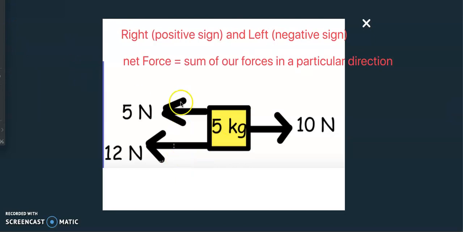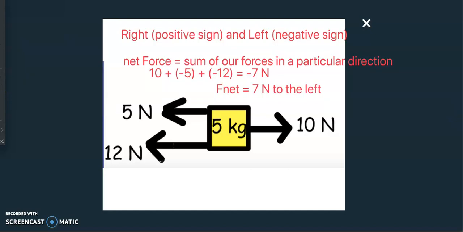And if we were to type those out, using the rules that we just laid out, we have positive 10 newtons to the right, plus, because we're summing, we're adding our forces, negative 5 newtons because it's pointing to the left, plus negative 12 newtons because it's pointing to the left. And when we add those all up, 10 minus 5 minus 12 gives me a value of negative 7 newtons, which means that our net force is negative 7 or 7 newtons to the left.